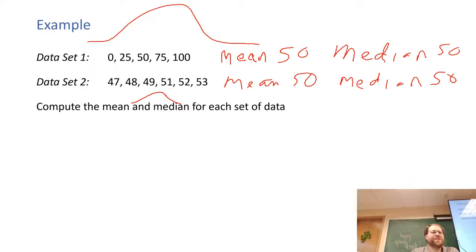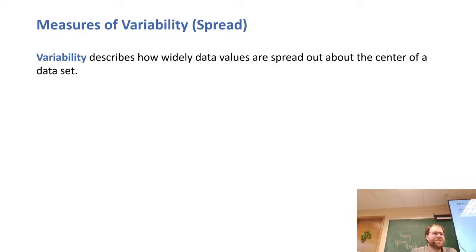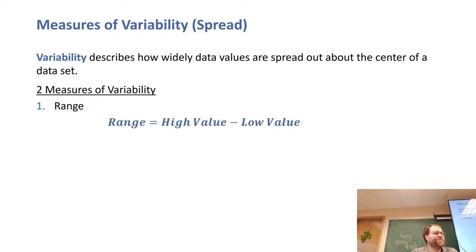So even though we have the exact same mean and median, it's only going to tell us so much. It's only giving us information about where the center is. It's not really telling us much about how far left do they go, how far right do they go on the graph. That leads us to measures of variability or spread. There are two of them, one of which you've seen already, range, which is high minus low values.